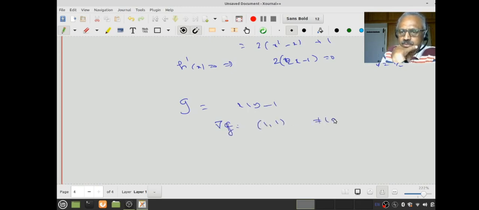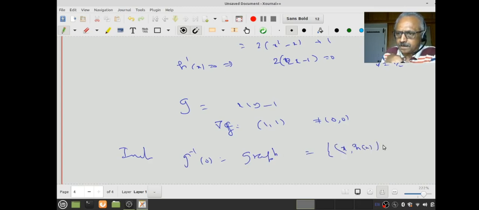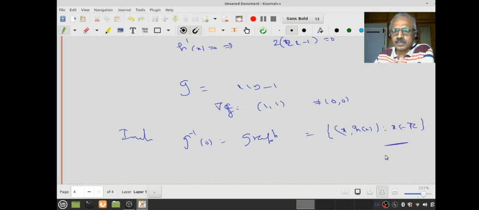This is non-zero. Therefore, by the implicit function theorem, I know at least locally, here it is a linear condition, therefore it is actually globally, my g inverse of 0 is a graph of this function, (x, h(x)), x over R. You follow that?